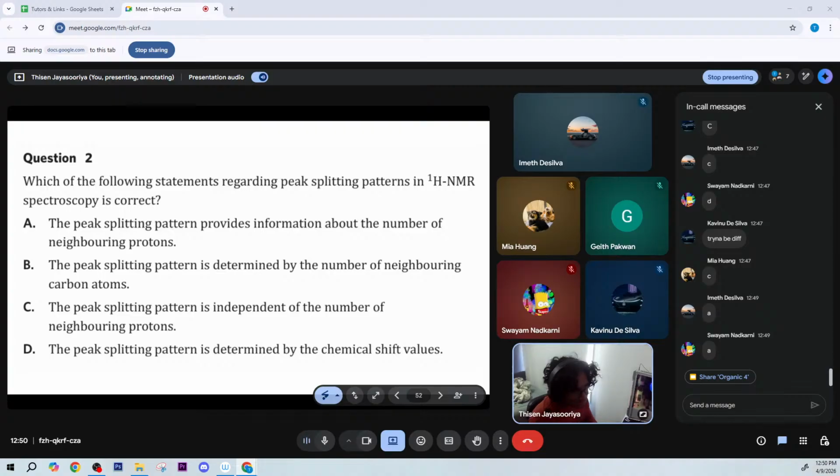Yeah, so here, the answer for this one's just A. We're not dealing with the number of carbons. We're talking about the number of neighboring protons or hydrogens on neighboring carbons. It's definitely not C because it's dependent on this. Yeah. And it's not D. Chemical shift, a lot of the time, doesn't really mean anything. The chemical shift could tell us what the possible bonding could be.